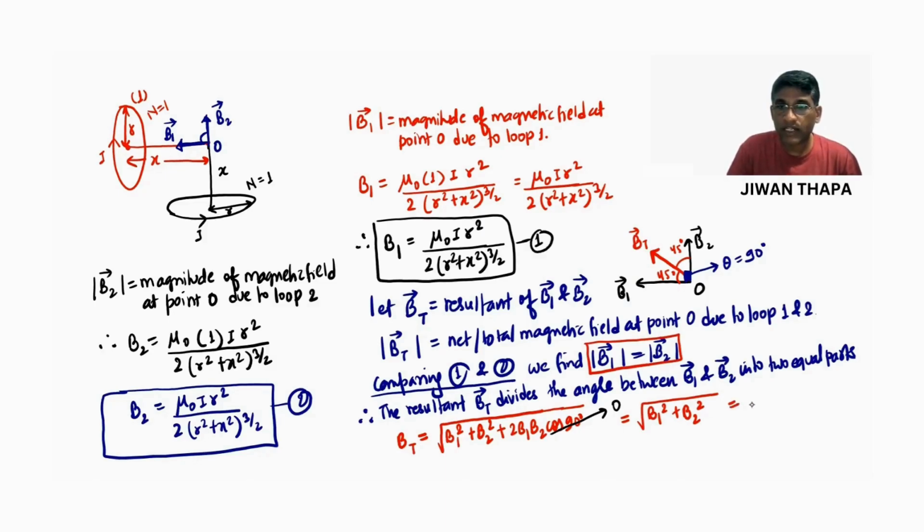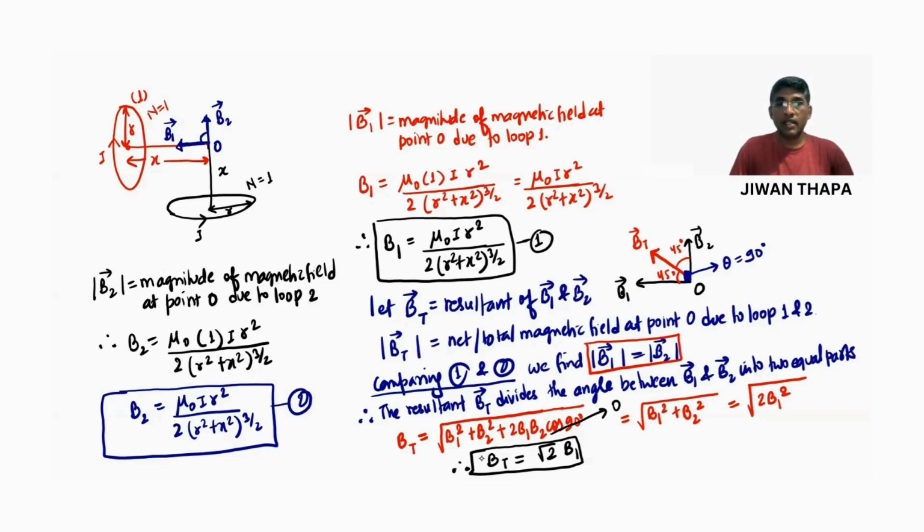Therefore, we can write under root twice B1 square. So BT equals under root 2 B1.